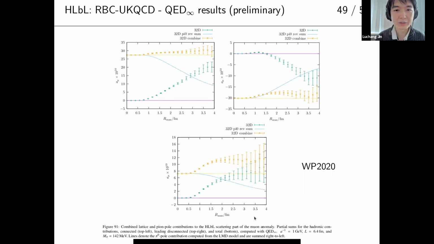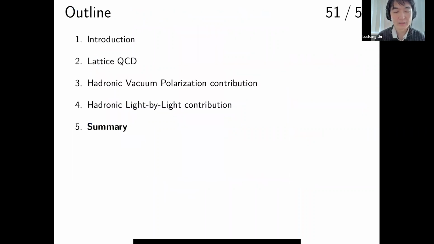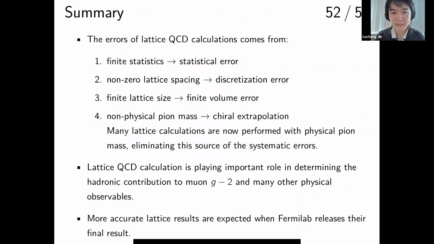And RBC/UKQCD is also trying the infinite volume QED approach, which by itself is very nice. This is our preliminary result, also with a problem of how to estimate the systematic effects. This is the summary for light-by-light.